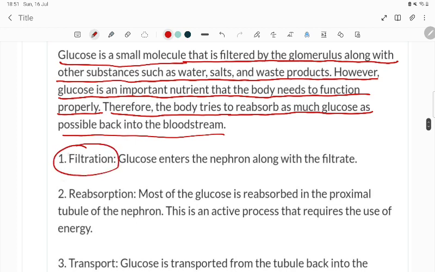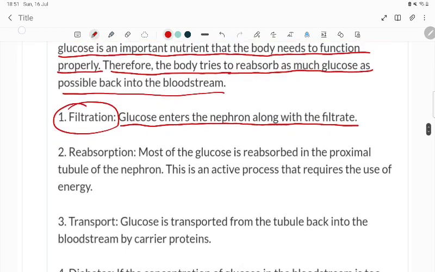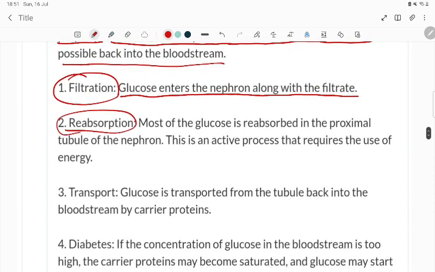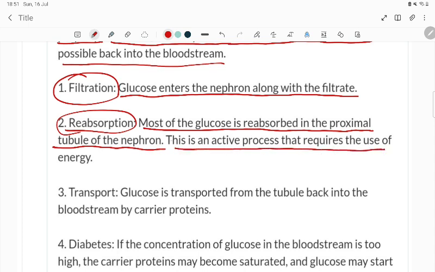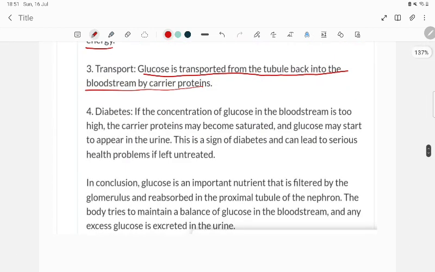Filtration: glucose enters the nephron along with the filtrate. Reabsorption: most of the glucose is reabsorbed in the proximal tubules of the nephron. This is an active process that requires the use of energy. Transport: glucose is transported from the tubule back into the bloodstream by carrier proteins.